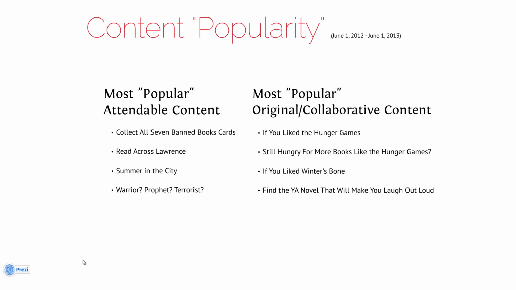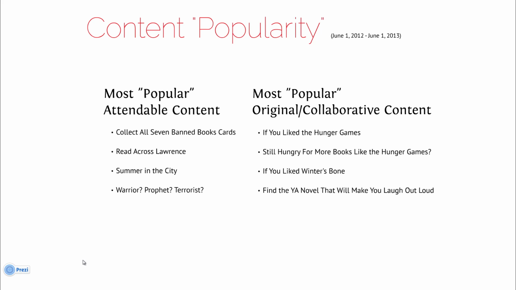But based on the statistics that I had available to me, on the left here is a list of the most popular attendable content. The banned books card, a post about that, a post about reading across Lawrence, the post about summer in the city, and the Tony Horowitz talk post. Those were your most popular attendable content posts.